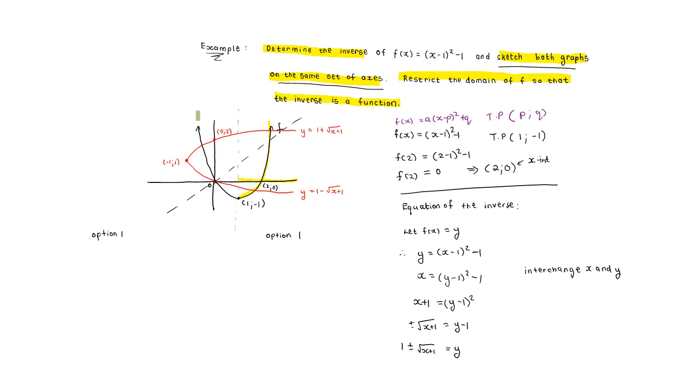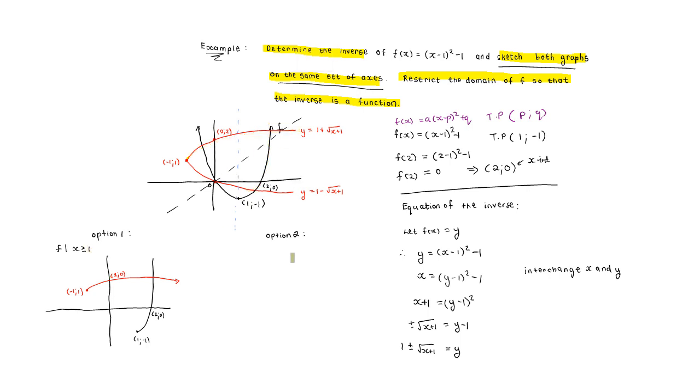So that will give you this arm on your inverse function. So if you draw that on the same set of x's, option number 1 is to say, such that x is greater than or equal to 1.